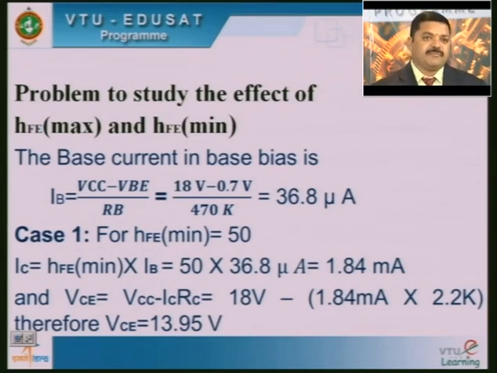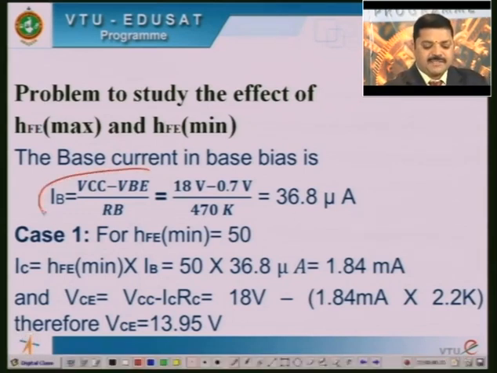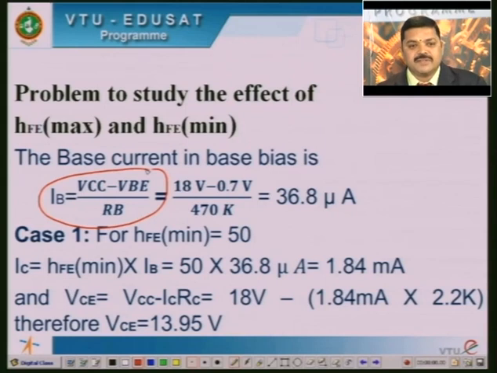The base current IB is given by VCC minus VBE by RB, and in this problem VCC is 18 volts, VBE is 0.7 volts and RB is 470 kilo ohms. Therefore, IB is found to be 36.8 microamps.